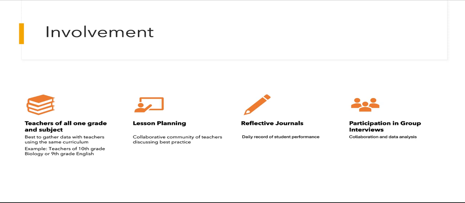So when we're gathering data, we want to have teachers who are teaching the same curriculum to their students. So an example of that could be all teachers of 10th grade biology or all teachers of 9th grade English working in a collaborative group to start.